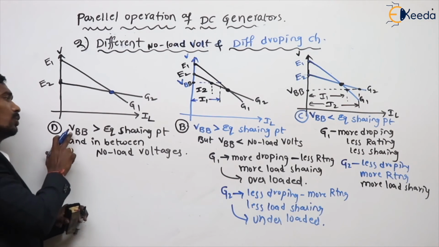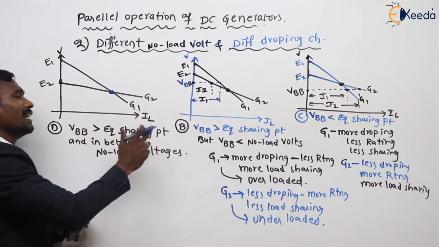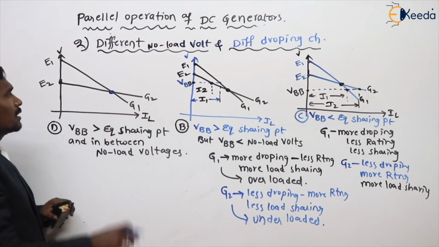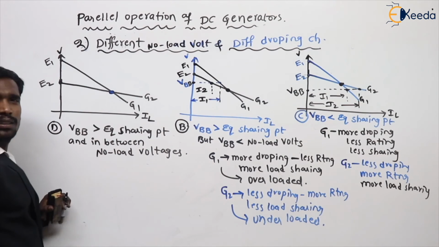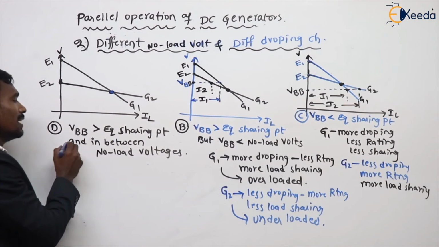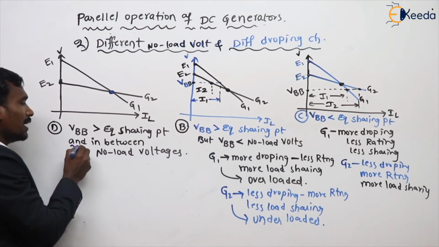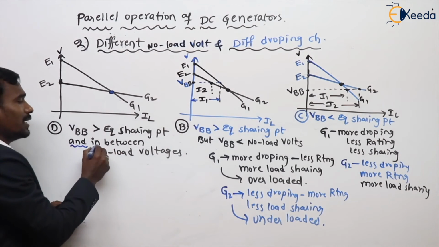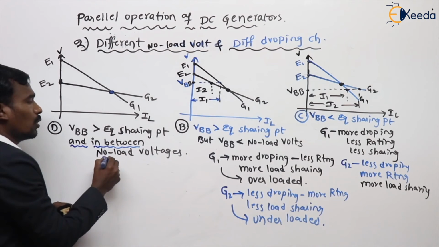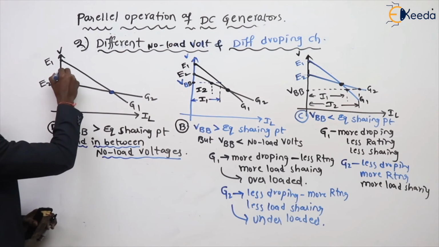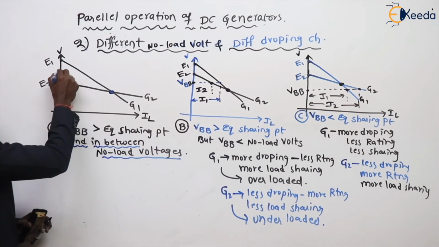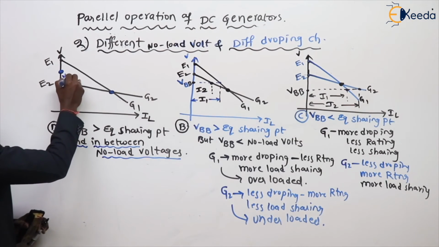But I said my bus bar voltage is greater than the equi-sharing point. Sir, greater than, but can I take here or here or here? Again, I will give you a condition: in between the no load voltages. We have two no load voltages, so we have to take in between. This is my bus bar voltage.